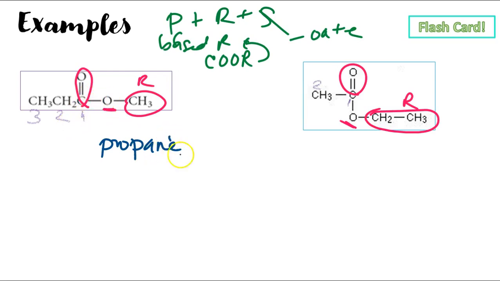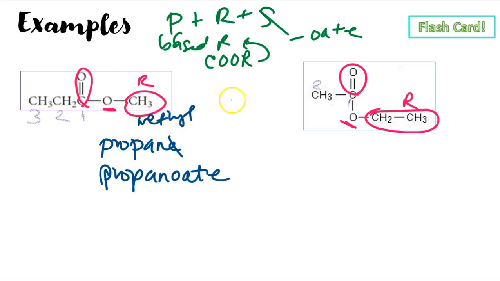And so we're going to drop the E and we're going to put propanoate. All right, good. We have that portion. Now, the R group is a methyl group, so we have to use that as our prefix. So this is going to be methyl propanoate. Boom.